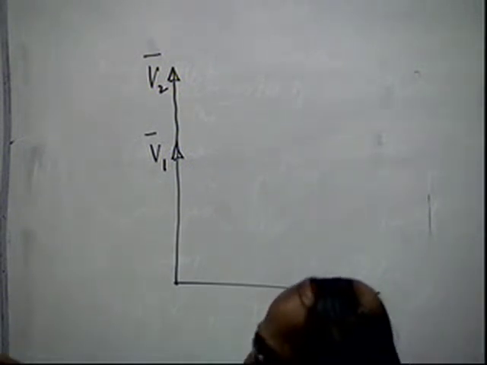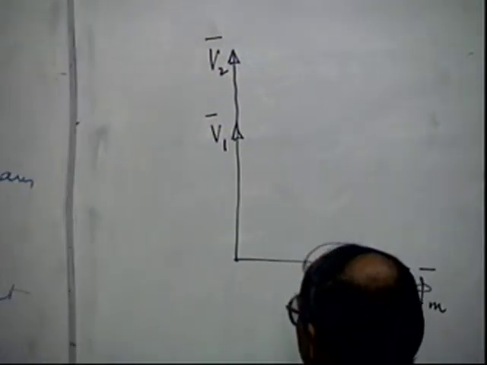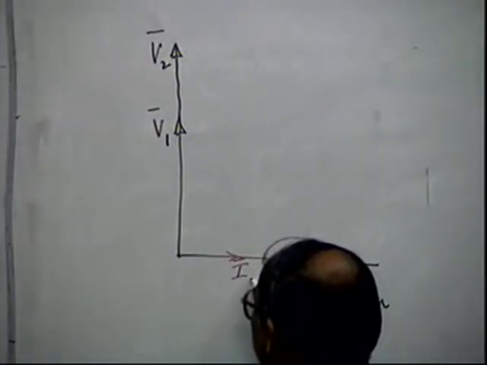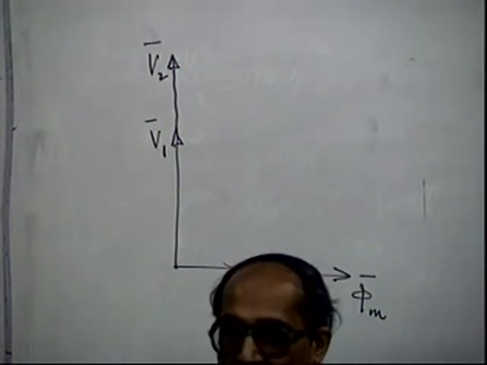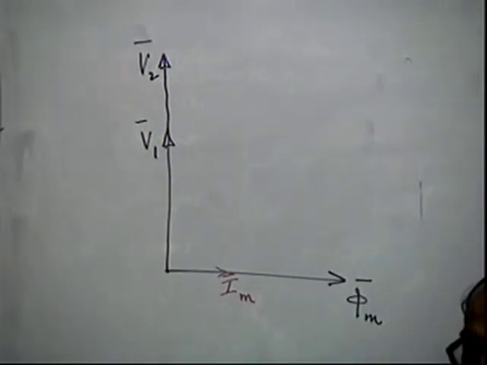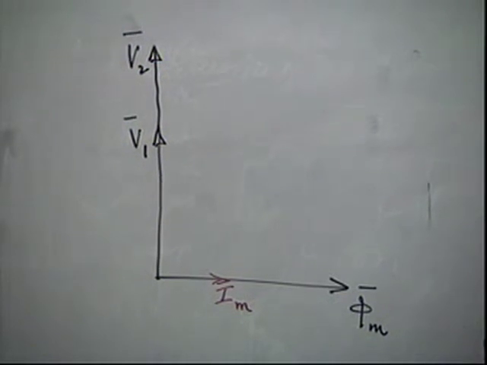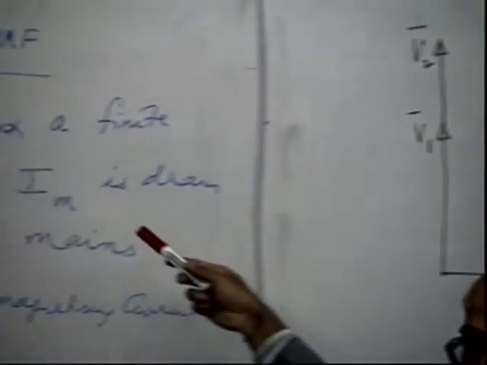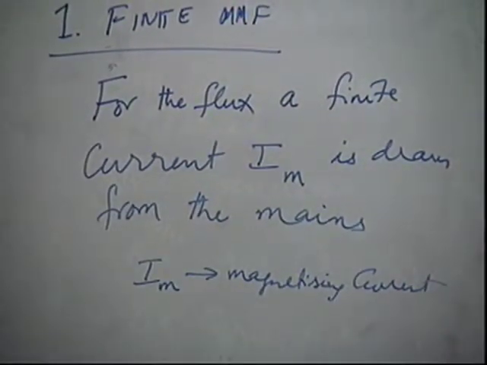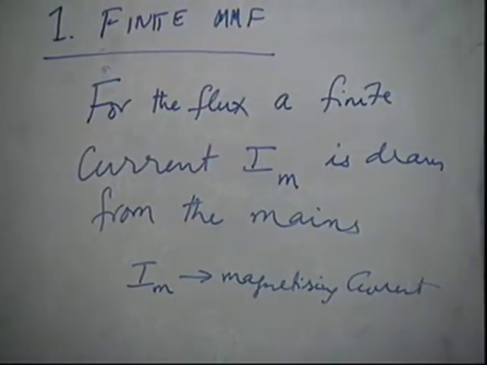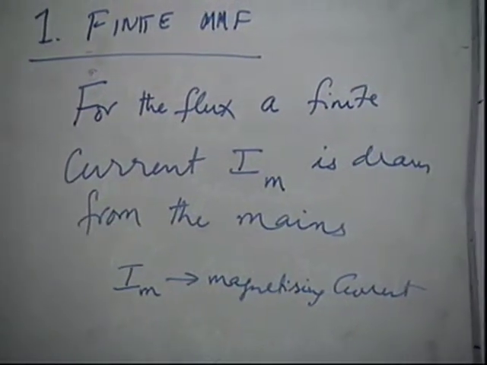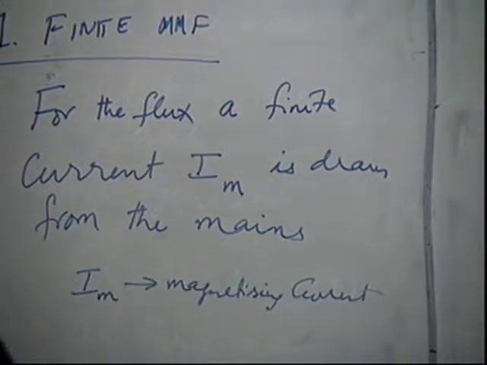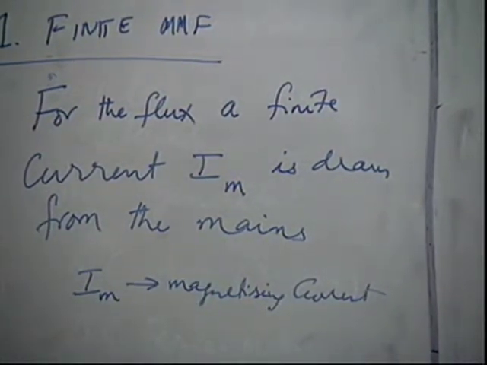Now we are saying here that this will cause a current IM to be drawn from the mains, in addition to other things. So if we draw our diagram, we will write here.